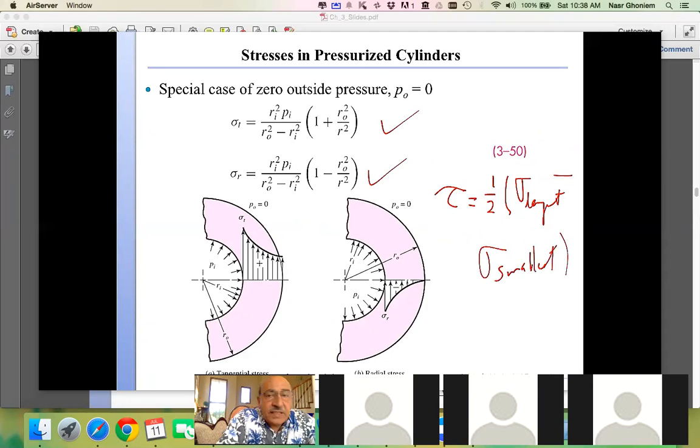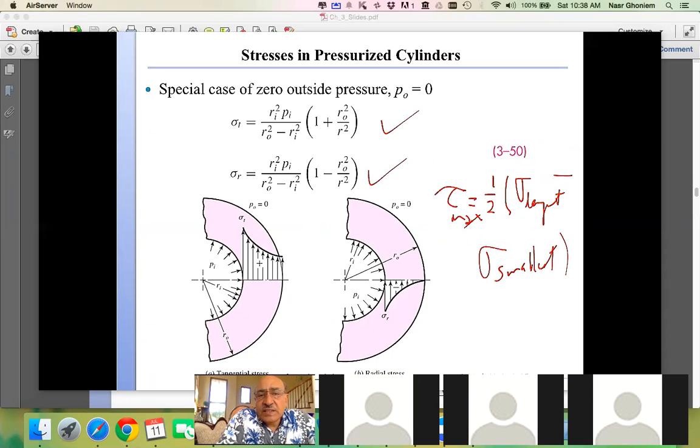This is the application of Mohr circle in 3D, or stress transformations in 3D. Tau max is the radius of the circle. The radius is half of the diameter, and the diameter is the difference between two stresses. One is the highest, one is the lowest.